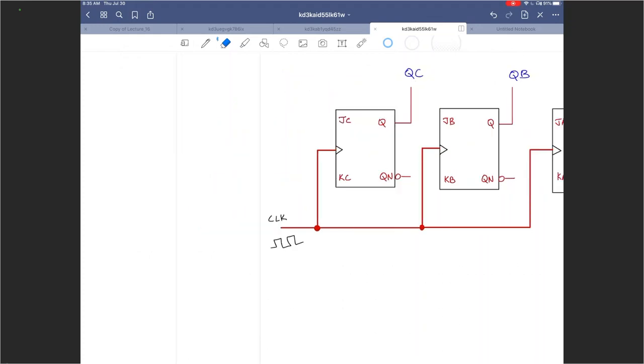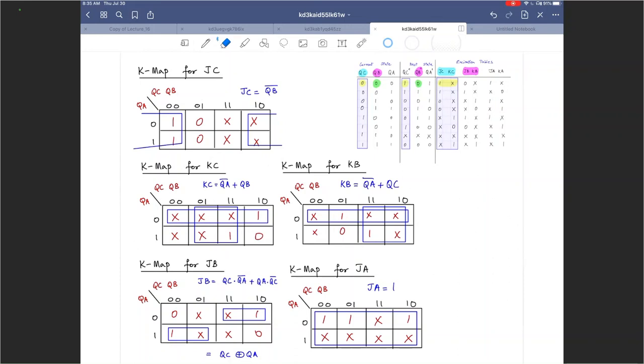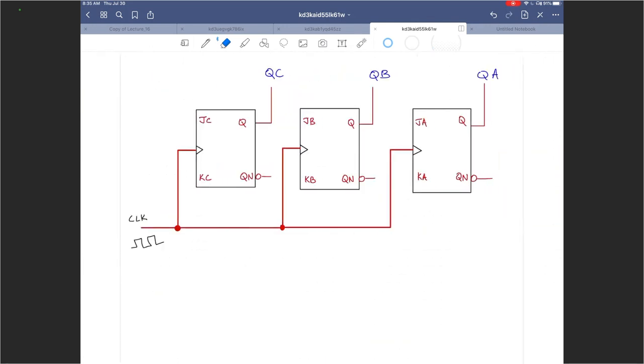What is JC? Based on the equation, JC equals QB complement. How do I do QB complement? I'm going to use blue here, and I'm going to get QB complement and go into JC, right? The best way probably is this.